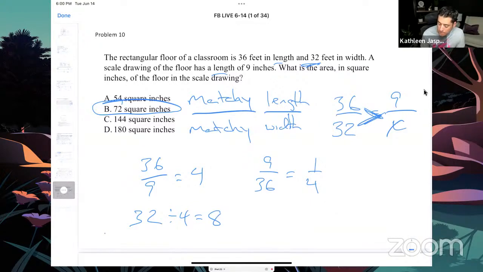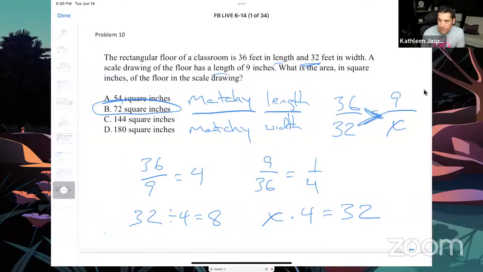If it's 9 over 36, that means the small one is 1/4 or 4 times as small. That's when we do what number times 4 is equal to 32. So again, yes, absolutely, you can do scale factor.